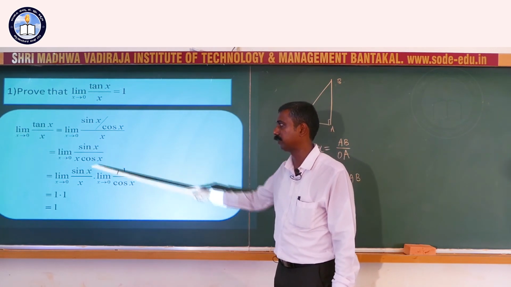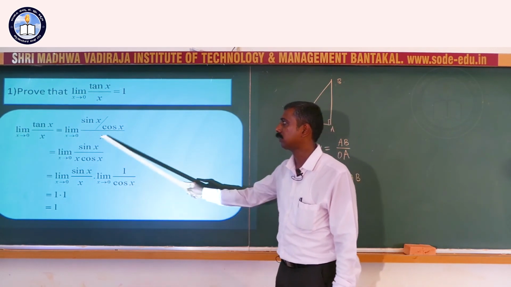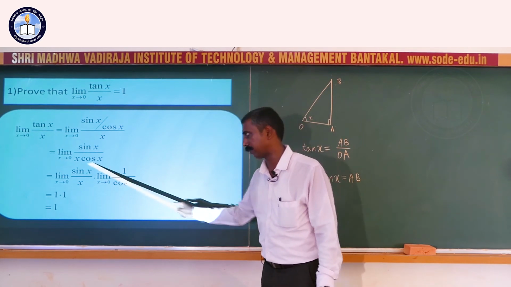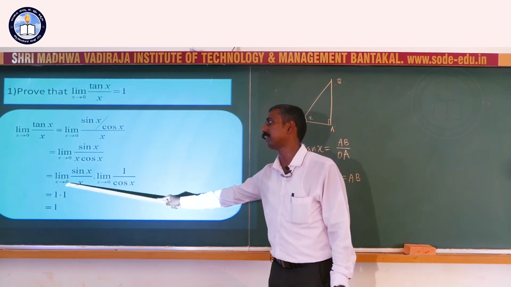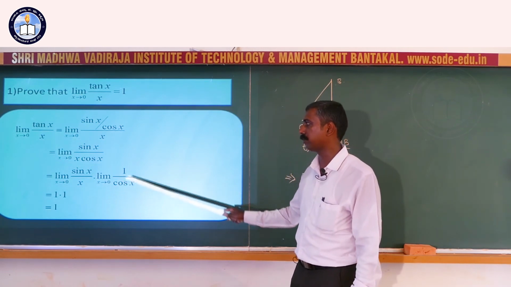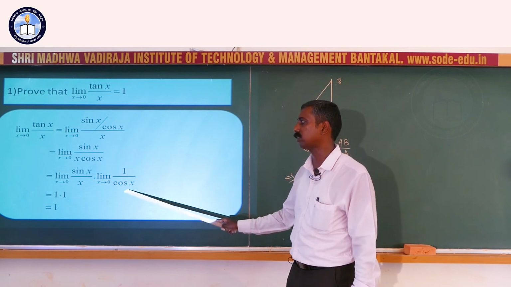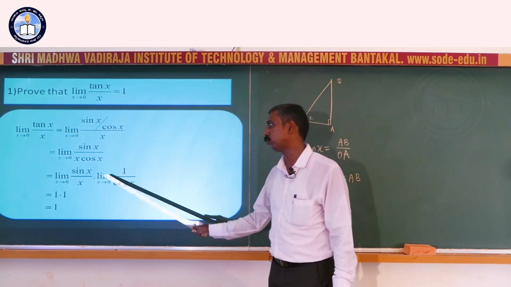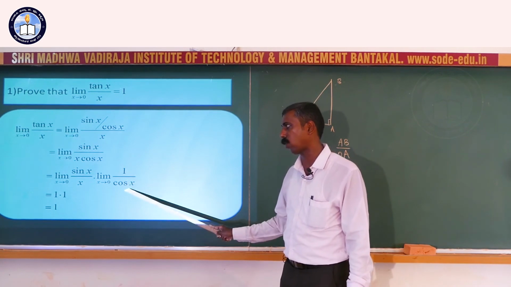So, it is sin x divided by x cos x. Sin x by x is taken together, so we can apply the theorem there. Limit x tends to 0, sin x by x becomes 1, and limit x tends to 0, 1 by cos x becomes 1 by cos 0, that is also 1.